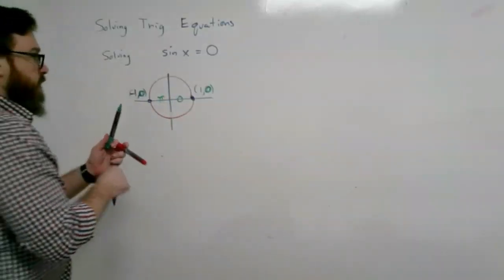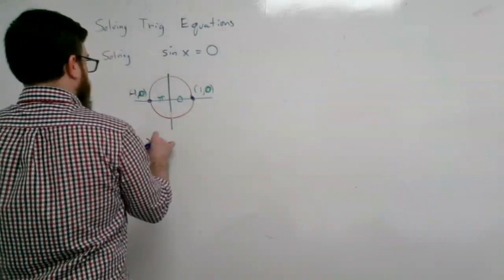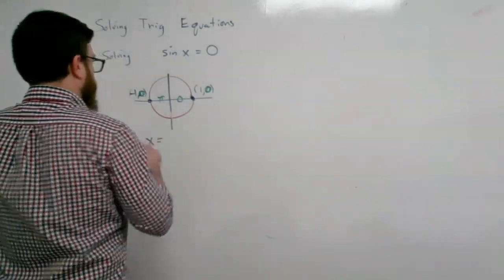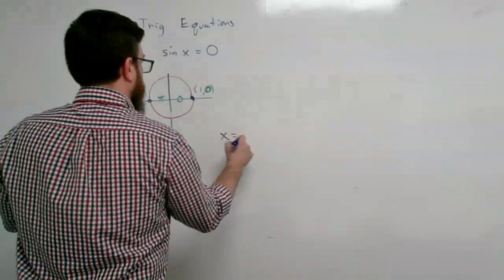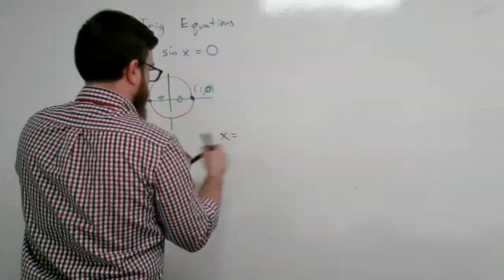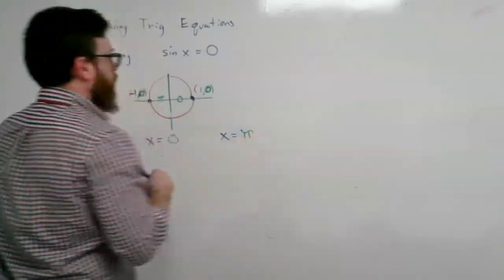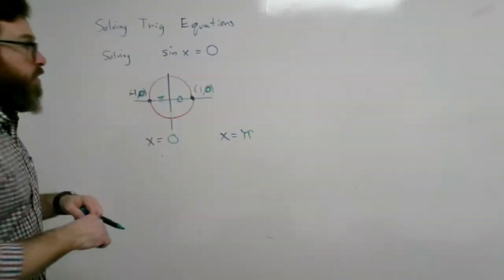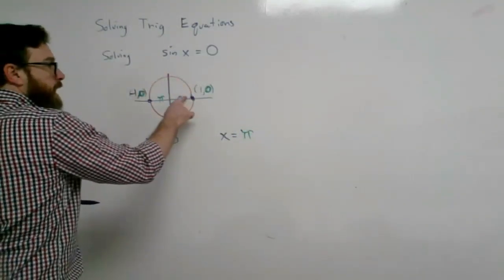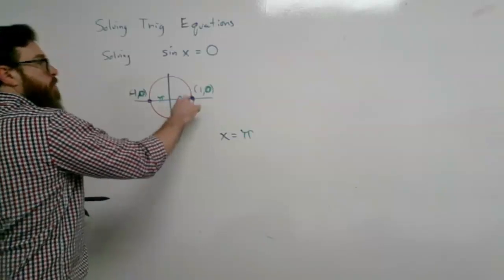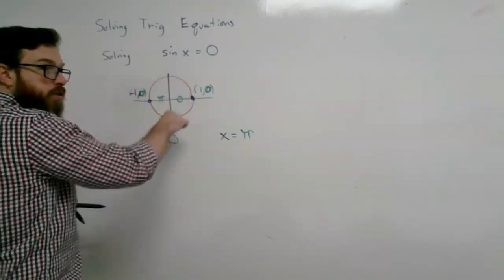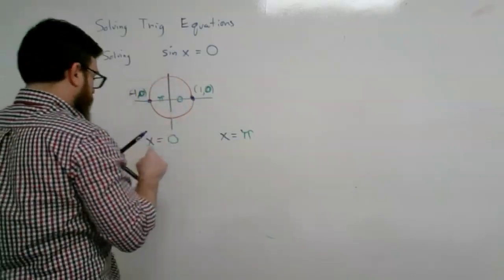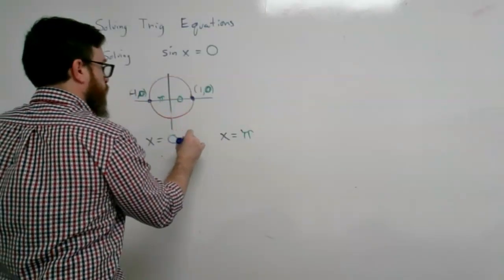So the answers to this are x is going to be equal to 0, and also x is going to be equal to pi. Now this works for all coterminal angles as well. So you can add 2 pi. So 0 plus 2 pi is going to be here, plus another 2 pi is going to be here, plus another 2 pi is going to be here, and even subtracting 2 pi's. So the way we do this is we add multiples of 2 pi.